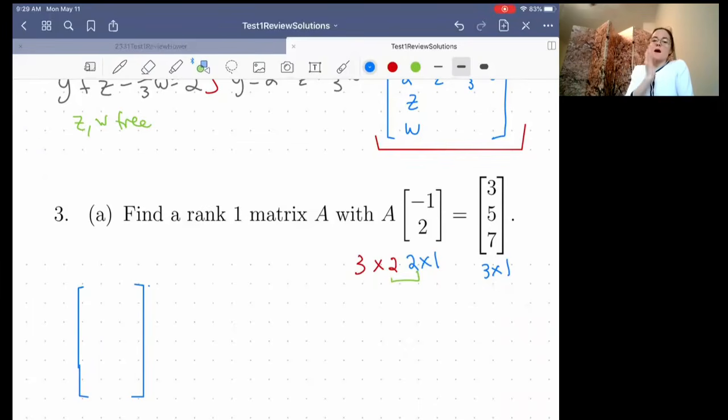You could make the columns the same. You could make one column a multiple of another, right? And that would both give you rank 1. The easiest way to make a rank 1 matrix, in my opinion, is just make a column of zeros. Okay, now, as long as I put something non-zero in the first column, I'm going to be rank 1.